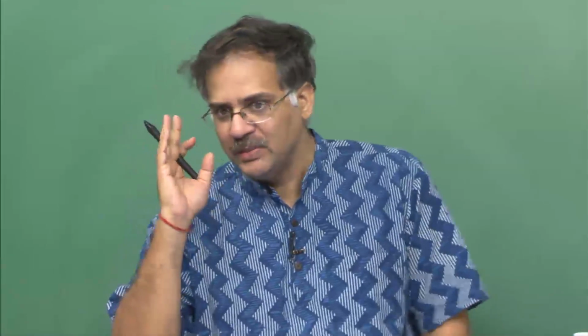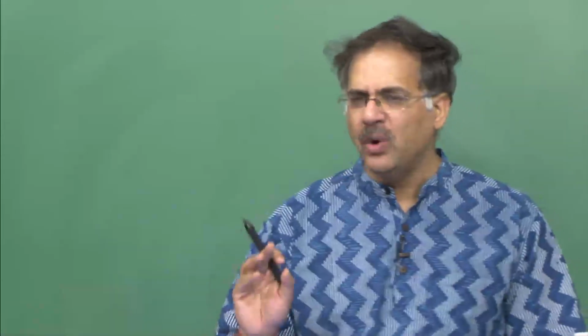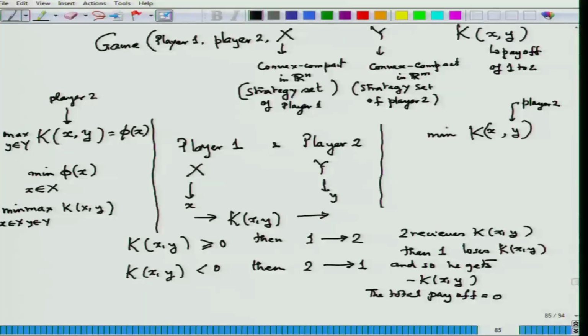He does not bother about what is the maximum amount he is making, he is not greedy at the beginning. He says, I just want to know that if I play y, what is the least amount of money I am going to get. Because you are minimizing over x, it is a function of y.